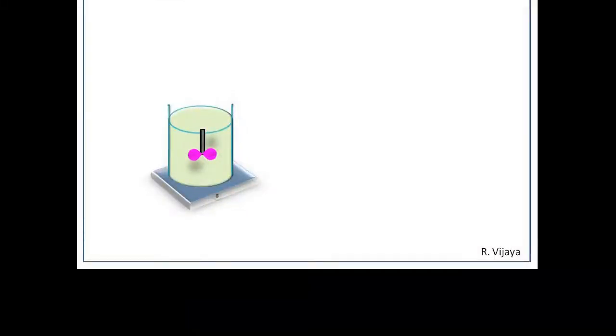In this animation you can see a beaker along with the agitator, and the monomer in the form of a liquid is poured into this beaker, and the agitator agitates this monomer. The initiator, that is the red colored ball, is again poured into this beaker, which can initiate this polymerization reaction.